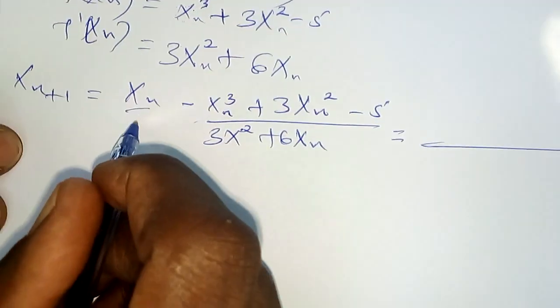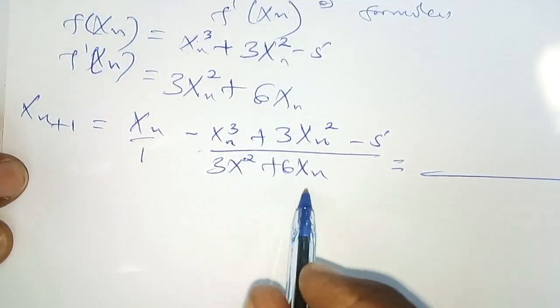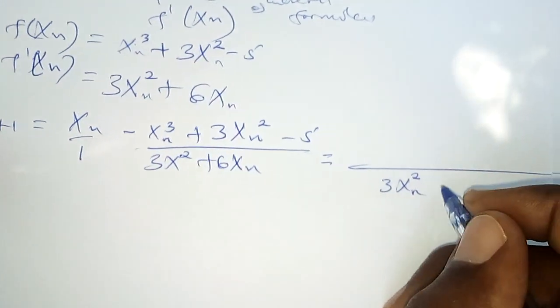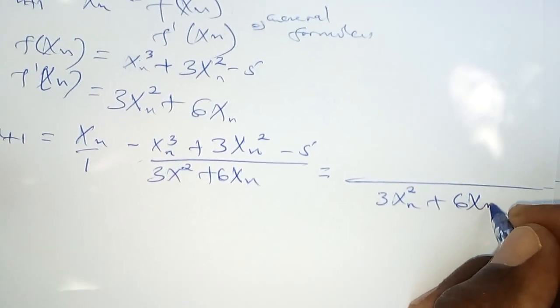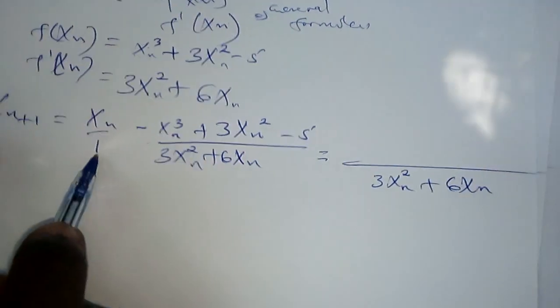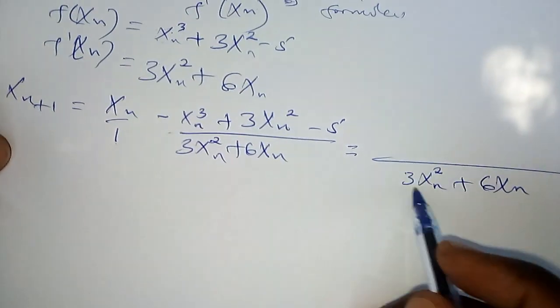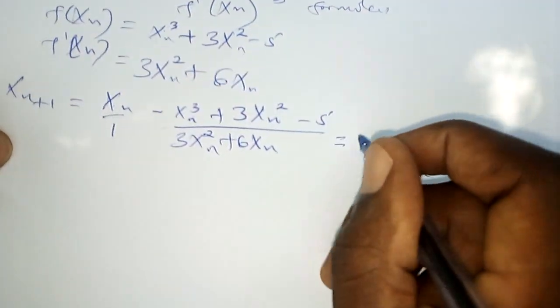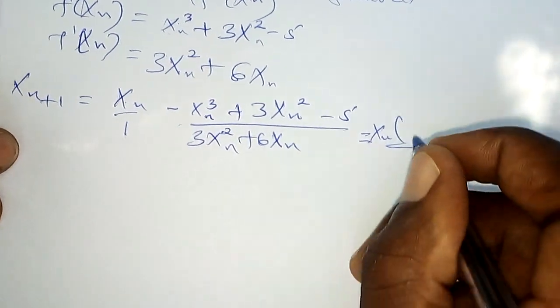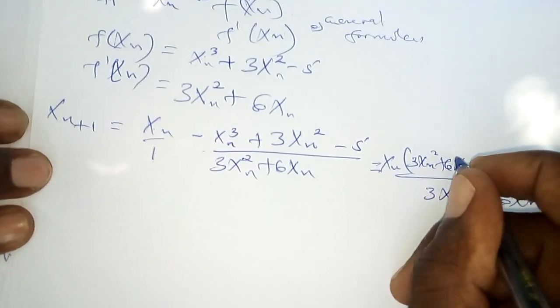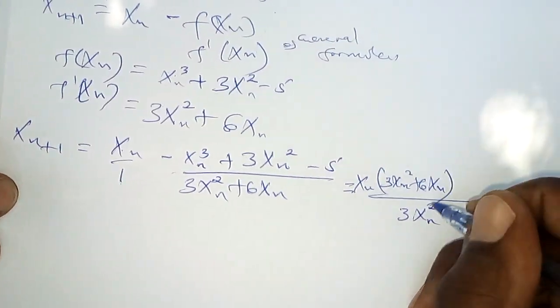So we take this one all over 1. The LCM is 3xn squared plus 6xn. So 1 goes here how many times? Once. So we multiply by the numerator, it will be xn times 3xn squared plus 6xn. Then we are done with that.